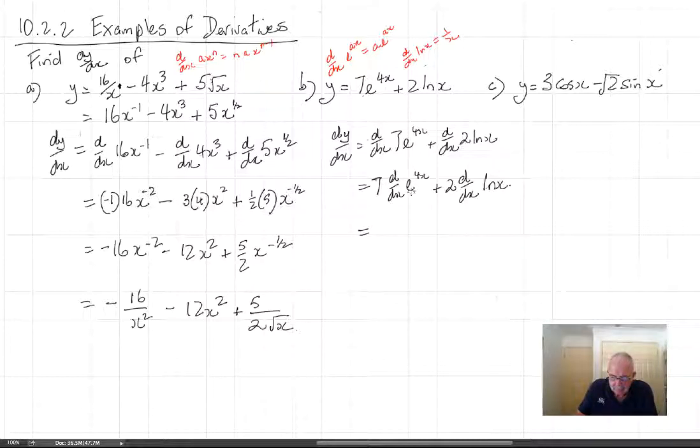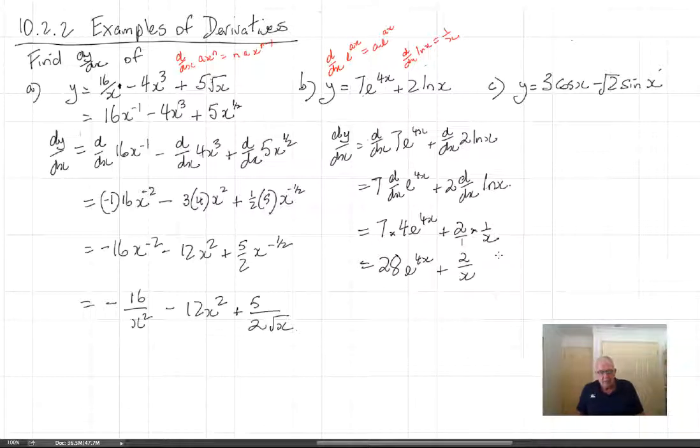The derivative with respect to x of e to the 4x: 7 times 4e to the 4x, that's the a there, plus 2 times the derivative of ln x, which is 1 on x. A better way to write this is to multiply 7 by 4, 28e to the 4x, plus 2 over x.